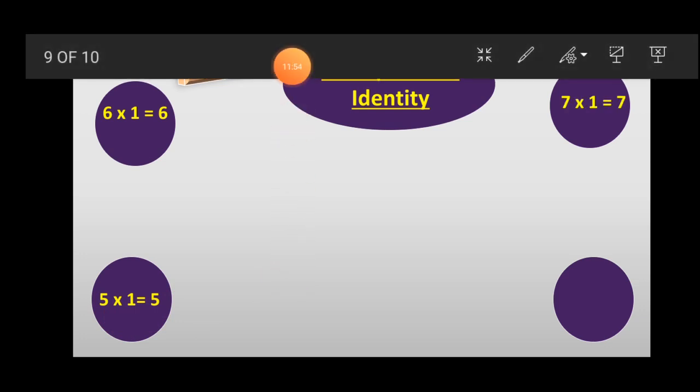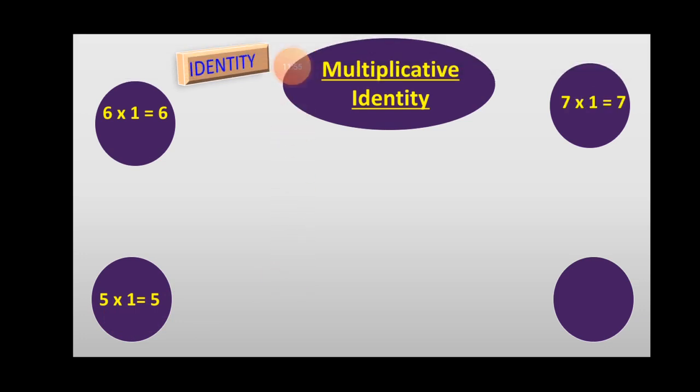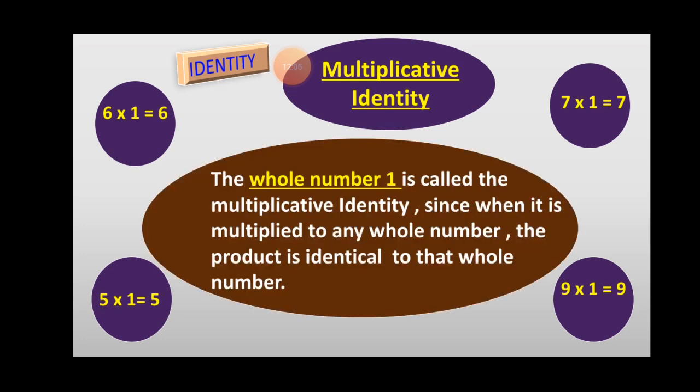In the same manner, when I multiply 7 with 1, I obtain 7. You can see the next example also. So what does the multiplicative identity say? The whole number 1 is called the multiplicative identity, since when it is multiplied with a whole number, the product is identical to that whole number.